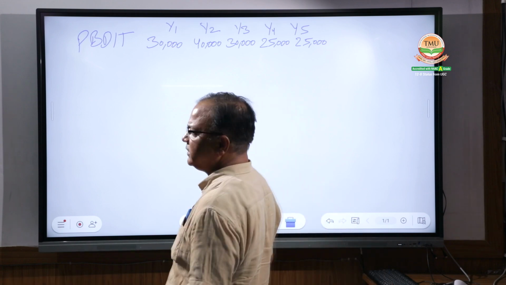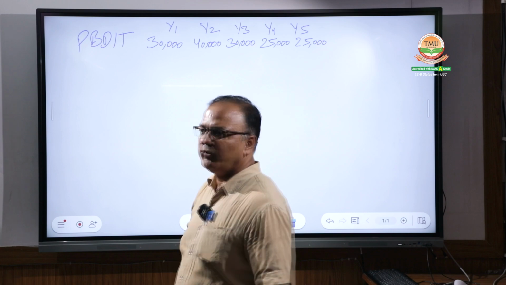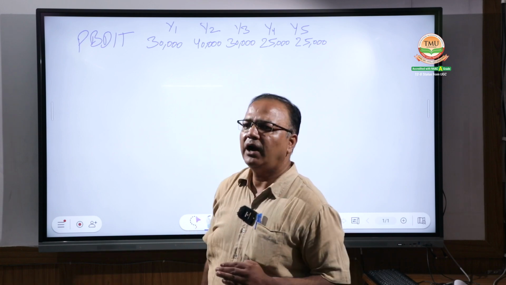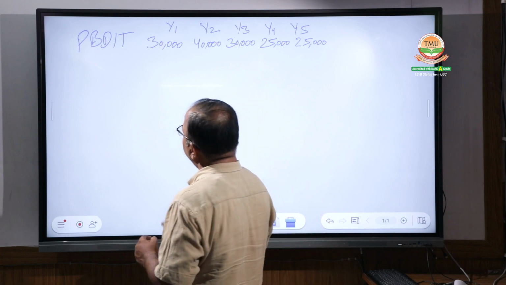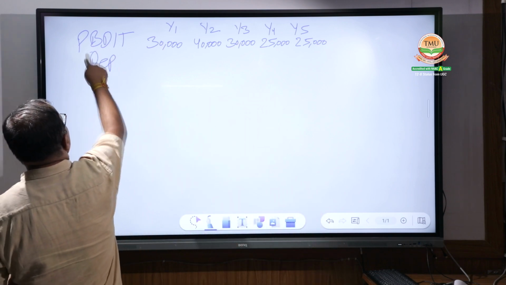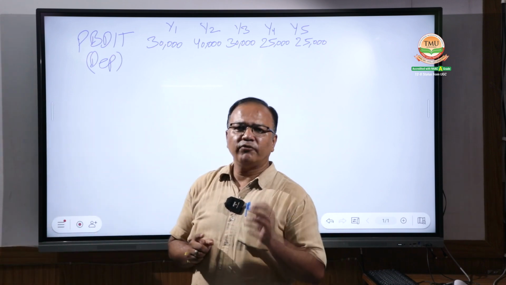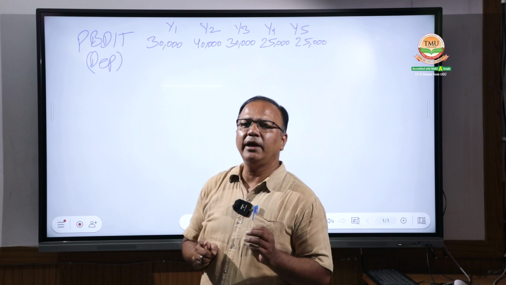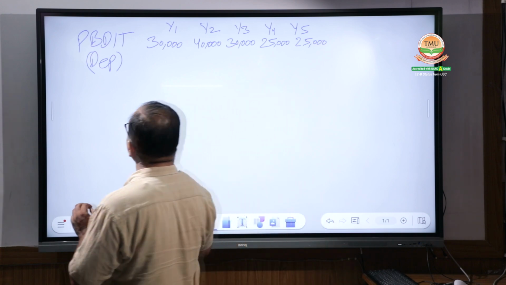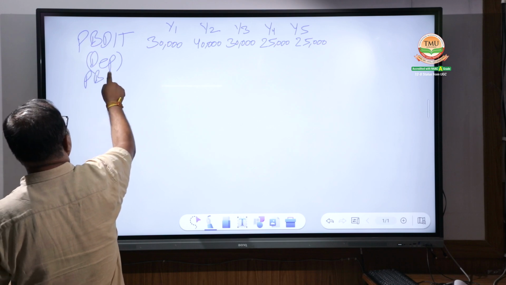Now let's convert PBDIT into PAT. Whenever we have to convert it into PAT, we have to follow a format. This is the format. If we deduct the amount of depreciation from PBDIT, the figure which arrives is called PBIT.